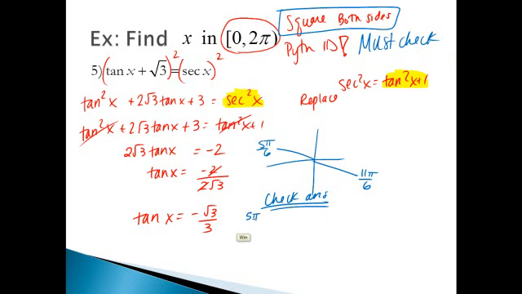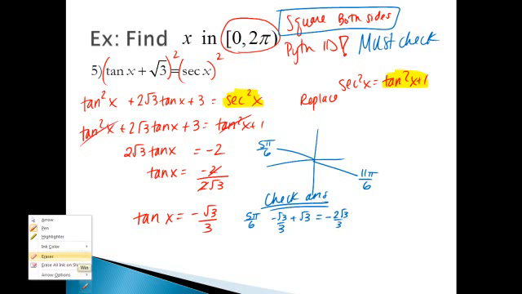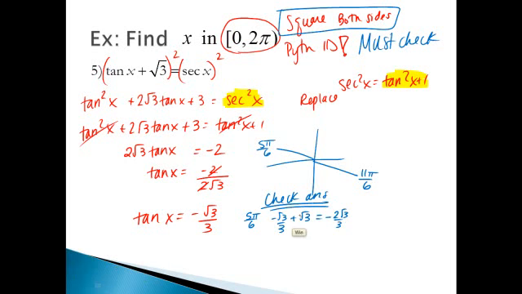So if we check the 5 pi over 6, we'll do tangent of 5 pi over 6, which gives us negative root 3 over 3, plus root 3. And then we do secant of 5 pi over 6, which gives me negative 2 root 3 over 3. Now, when I'm adding these fractions, I know we hate fractions, but we can handle this.